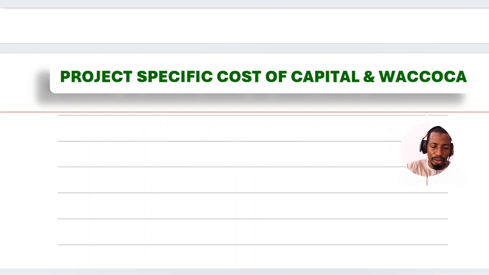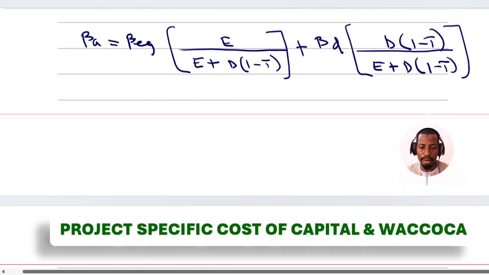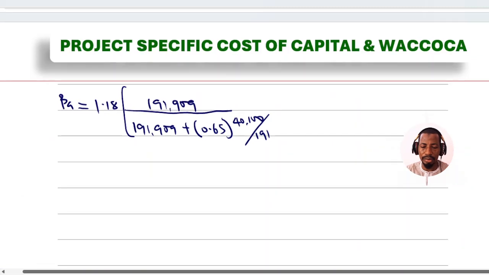Okay, so the beta assets will be calculated as 1.18 multiplied by equity value over equity value plus 1 minus tax 0.65 multiplied by debt value 4100 divided by equity value. Sorry, it's a mistake.